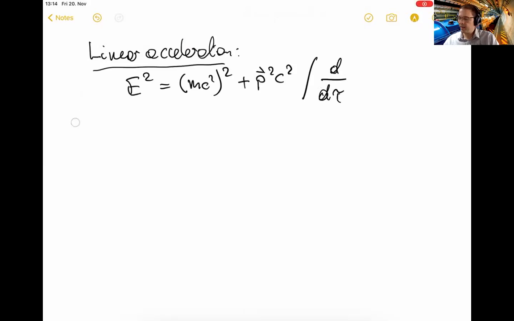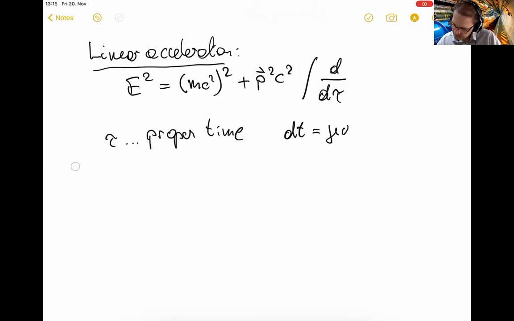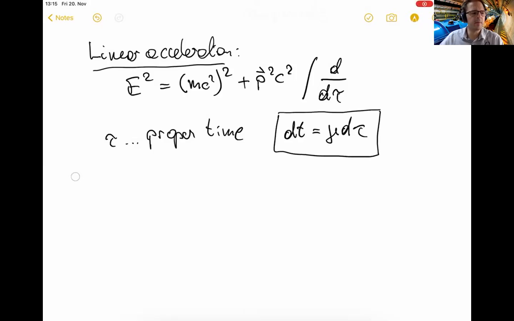Tau is the proper time, the time that the clock shows that travels with the particle. It is related to the time in the lab frame by a factor gamma.